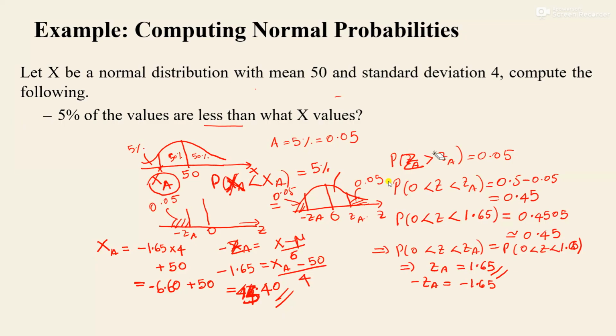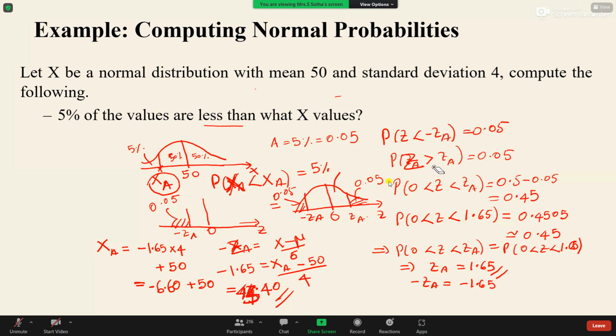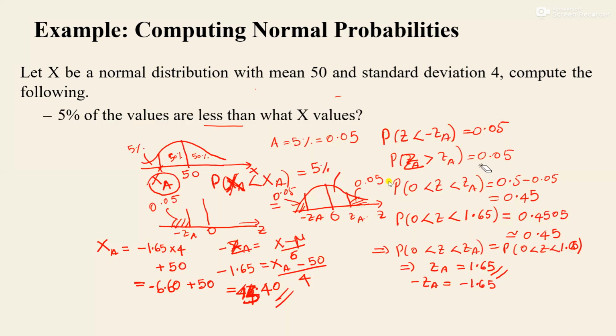According to this diagram, probability of Z less than minus ZA is equal to 0.05. By symmetry, this is equal to the probability of Z greater than ZA, also 0.05.